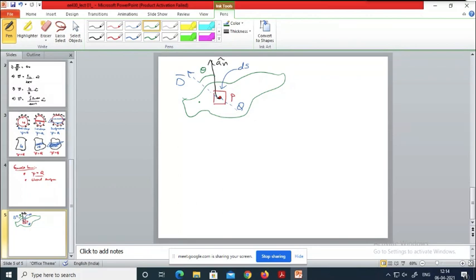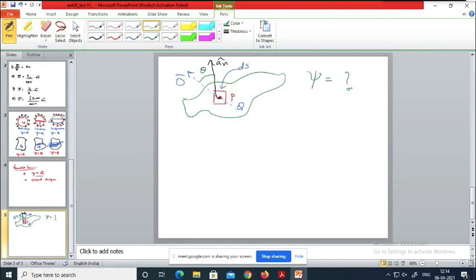I'm having a ds small area, and a N is the unit vector which is normal to the surface ds at point P. So what exactly are we interested in doing? We are required to find out the total flux radiating outside this closed surface. So I wish to find phi here.